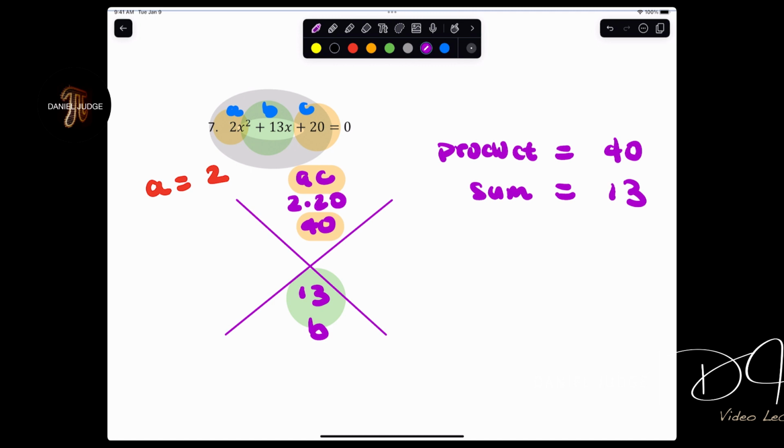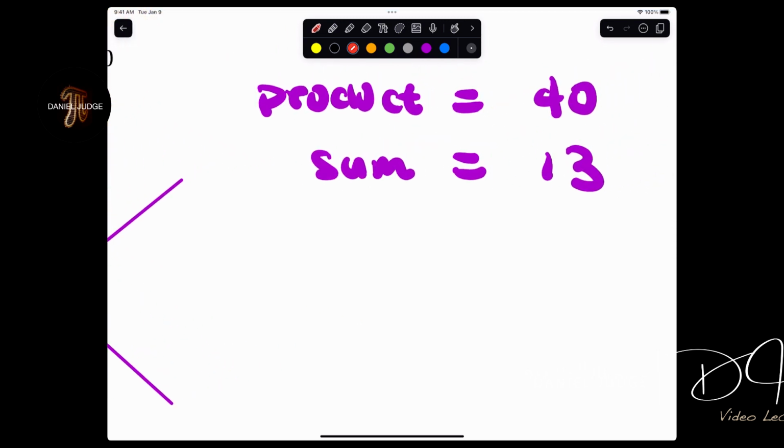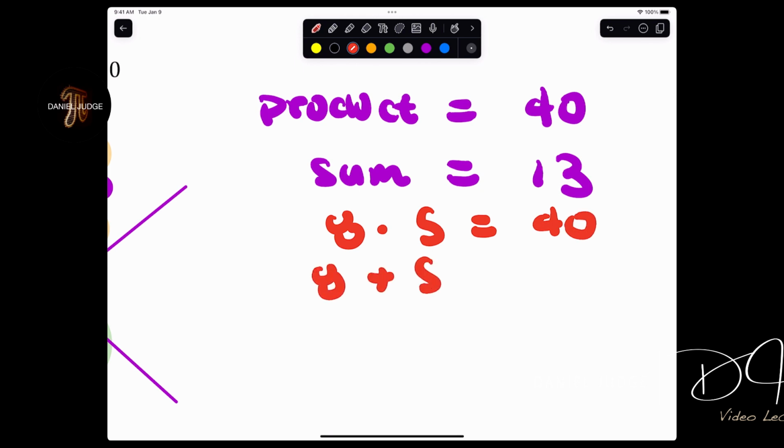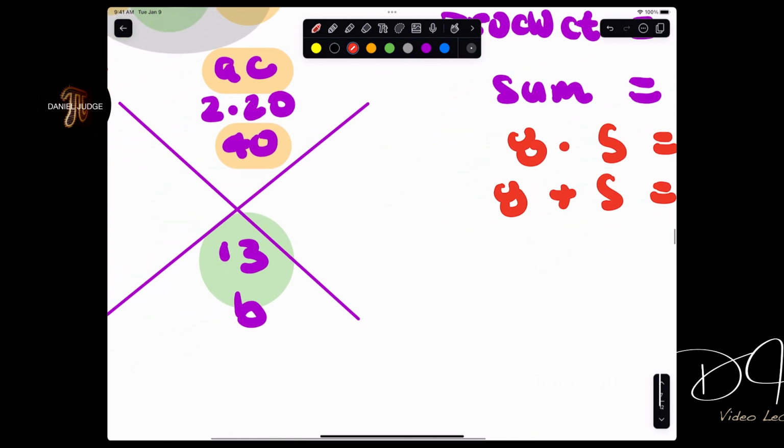So we need those two numbers. And you say, well, what could those numbers be? Okay, well, they're both positive, product and sum. So what that means is both of the numbers need to be positive. So I think 8 times 5 is 40. And then 8 plus 5 will be positive 13. Looks like those are the numbers.